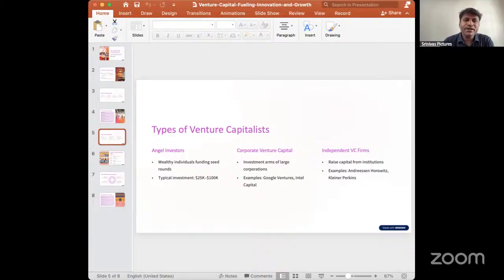According to our syllabus, we have three types of venture capital. First is organization venture capital or institutional venture capital funds, set up by angel investors, high net worth individual investors.